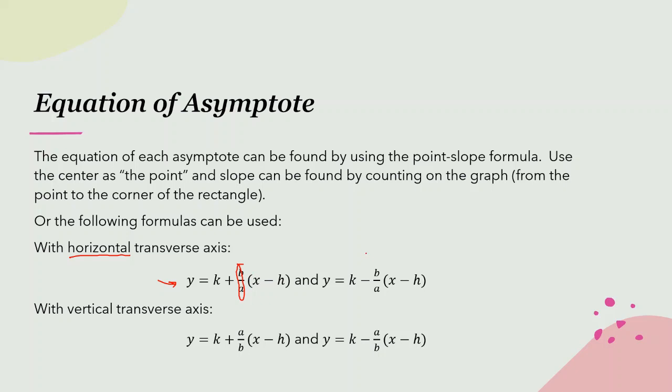And the second one is just subtraction. So we have two equations for the asymptotes, k plus and k minus. If it's a vertical transverse axis, our numerator is a, our denominator is b. That's the only difference here in finding the equation of the asymptote.